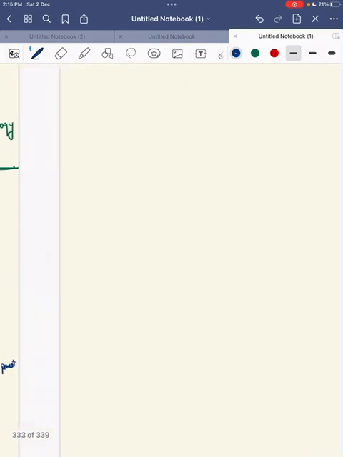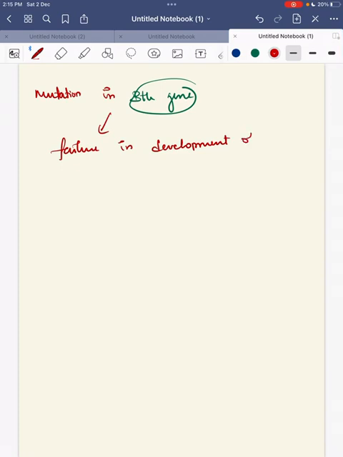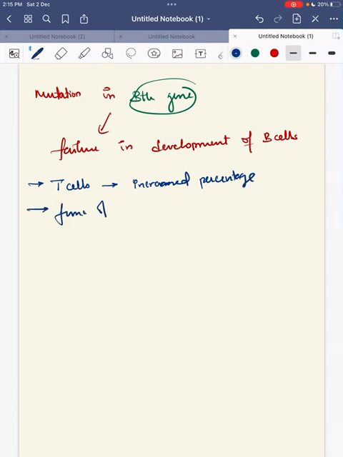So the plasma cells and B lymphocytes will not be developed. But the T cells will be in an increased percentage and the functions of T cells will be normal.